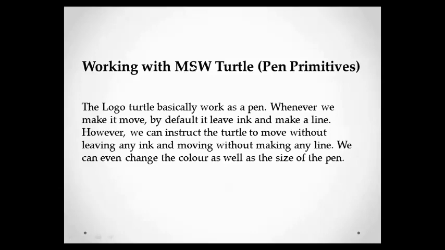We can make the turtle move without making a line. We can make the turtle move by making lines of different thickness, different color, different size. And that can be done by using different Logo primitives. Collectively, we call all those Logo primitives pen primitives.